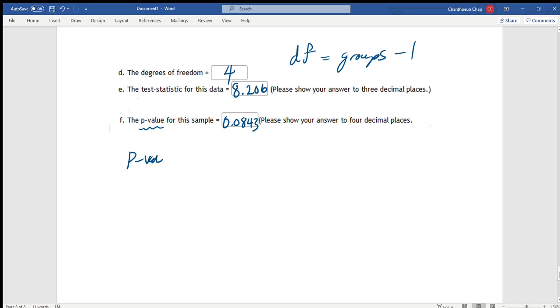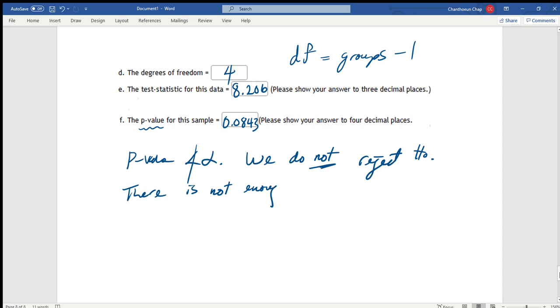Now we can come up with our conclusion. We'll ask, is the p-value less than alpha? The p-value is greater than alpha. 0.08 is greater than alpha. It is not less than alpha. So we do not reject the null hypothesis. There is not enough evidence to conclude, and our conclusion is always in terms of HA.